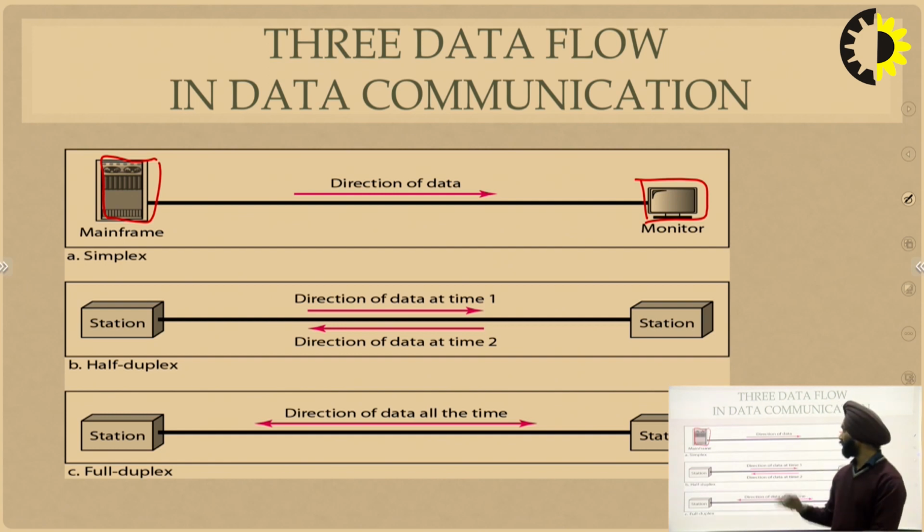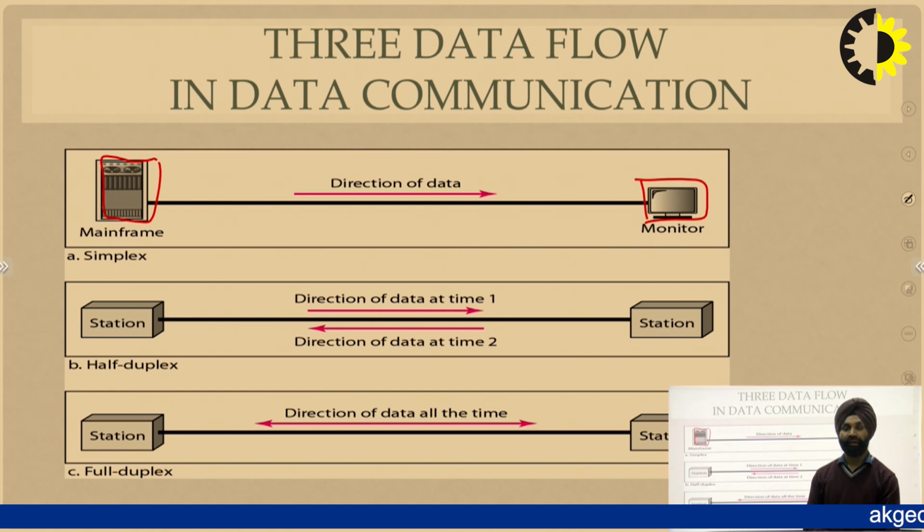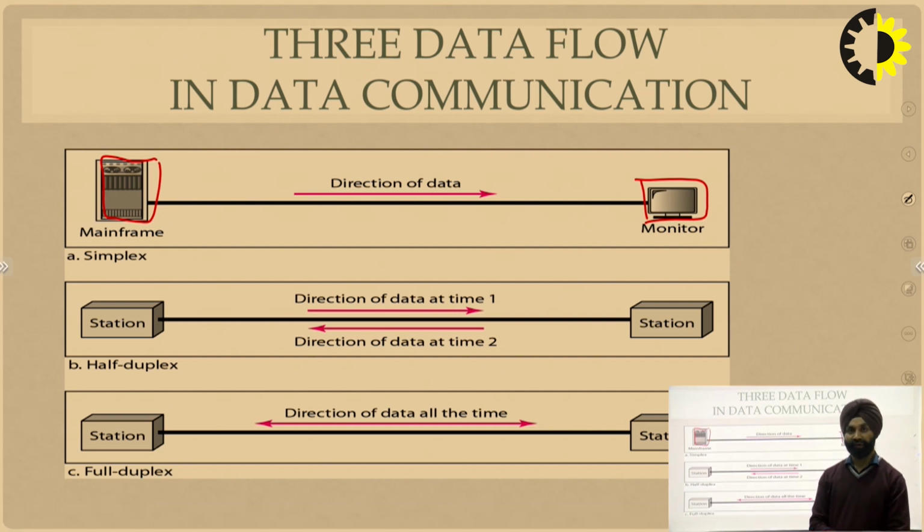For example, from a PC to the monitor, where the monitor only displays the video. Another example is TV broadcast, where the TV only receives the signal and displays the information, as in DTH, which works in the simplex way, with data in only one direction.